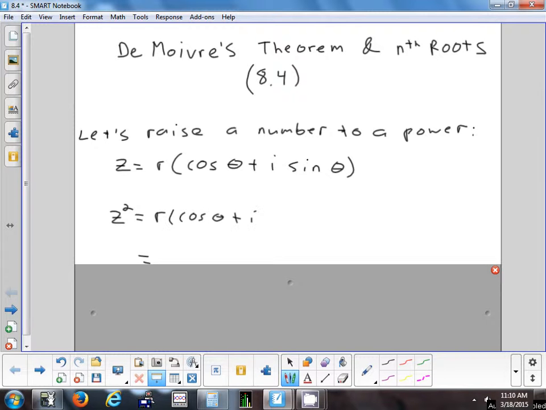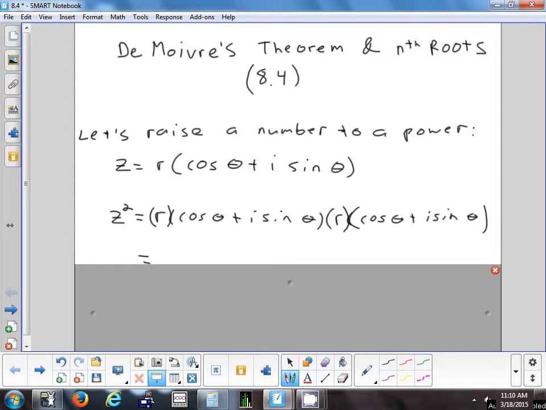So first thing I'm going to do is just rewrite my complex number z squared as z times z. So I'm going to write it out. If you think of this as multiplying 4 things together, we could use the commutative property and rewrite it.